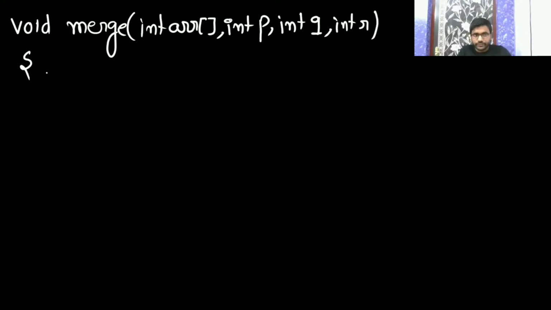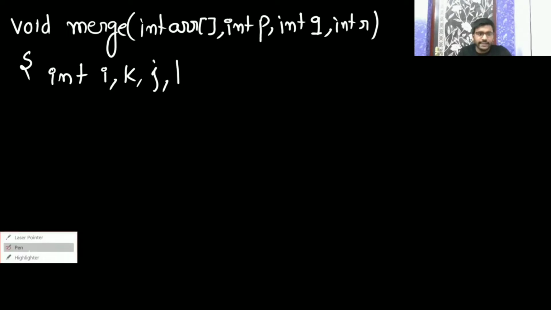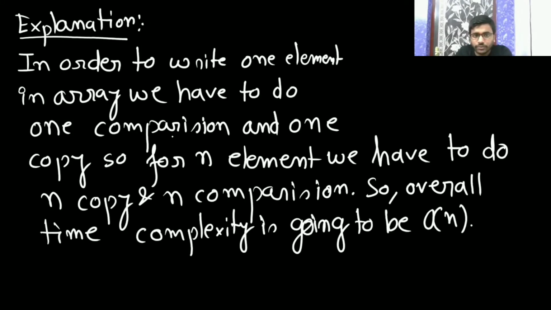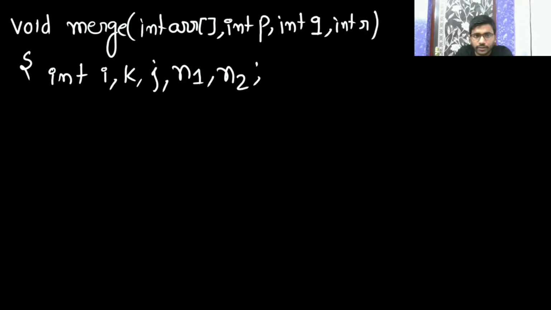I require some variables like int i, k, j, and a left array. Let me declare left later because I need to find the position. The size of the left array is n1, and the size of the right array is n2. They will give you that from p to q.